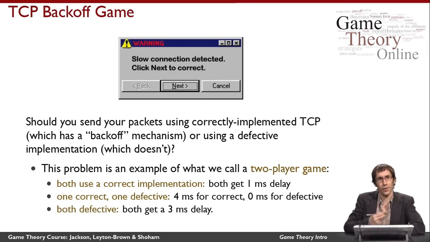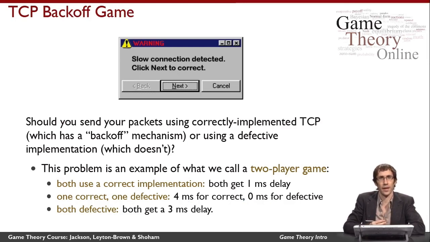Let's say that if one person uses a correct implementation and the other person uses a defective one, then the person with the defective implementation manages to flood the network with packets in a way that causes the other person to back off pretty heavily, causing the person who backed off to experience a much longer delay, and the person with the defective implementation to get their packets through virtually immediately.